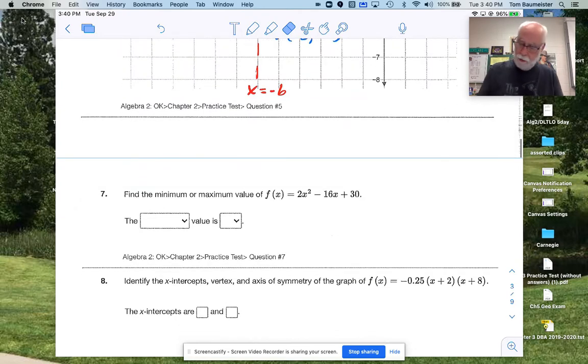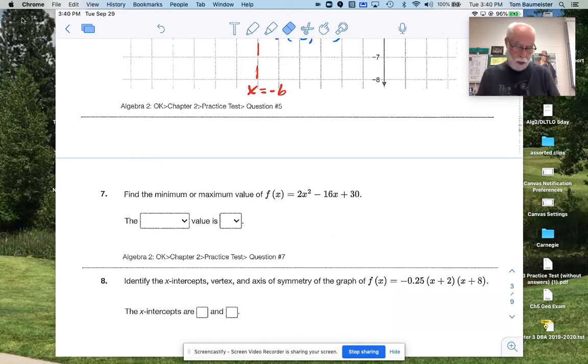Okay, number 7, find the minimum or maximum value of f of x is equal to 2x squared minus 16x plus 30.